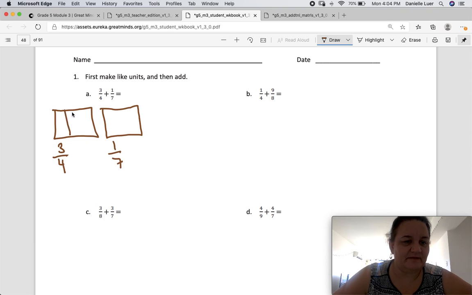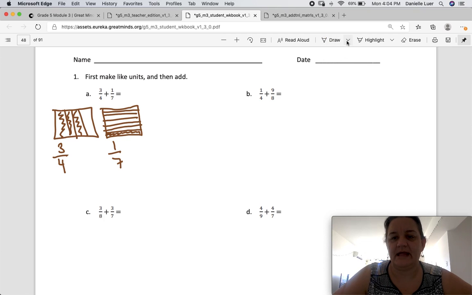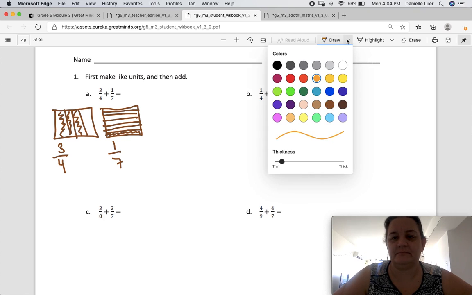So here I've got 1, 2, 3, and here 1, 2, 3, 4, 5, 6, 7. Good. Now I have to cut this one in 7.